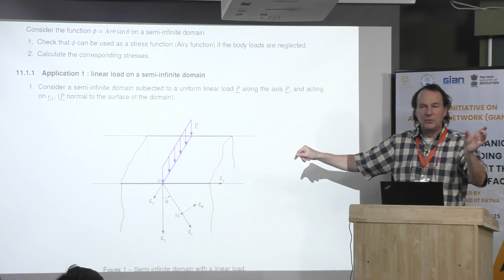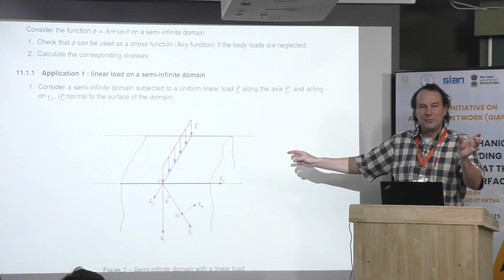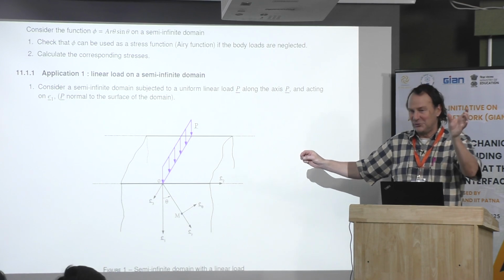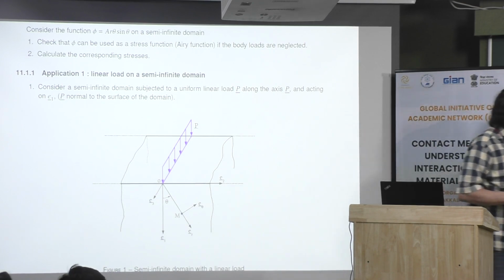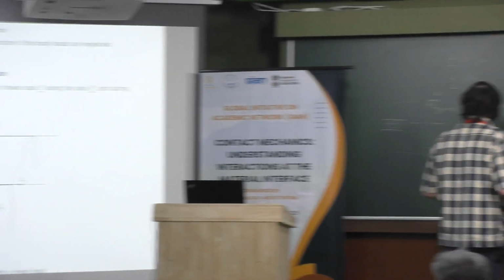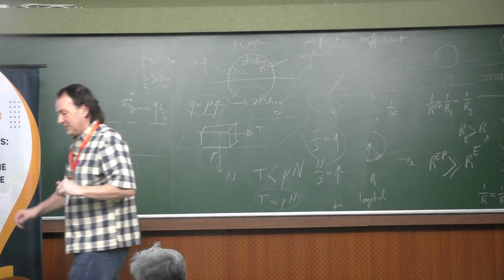Okay. And why I do that is because somebody this morning asked me if I know the solution for the problem. I will explain it to you with my words.